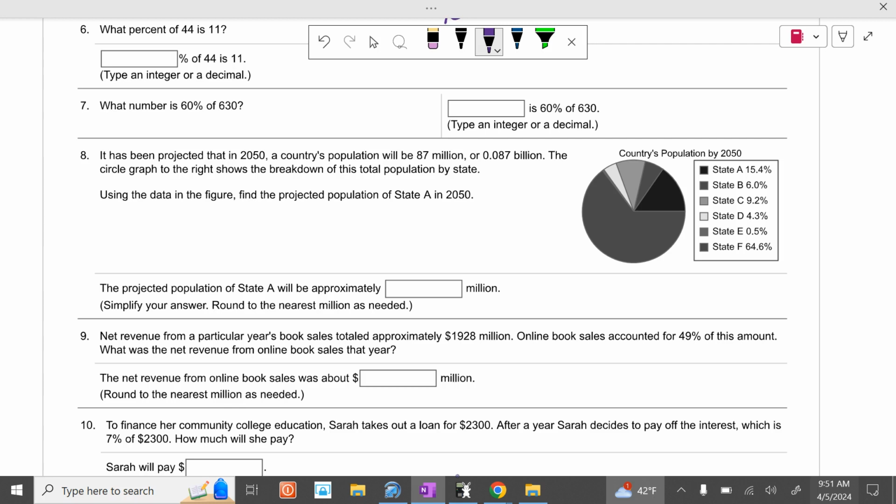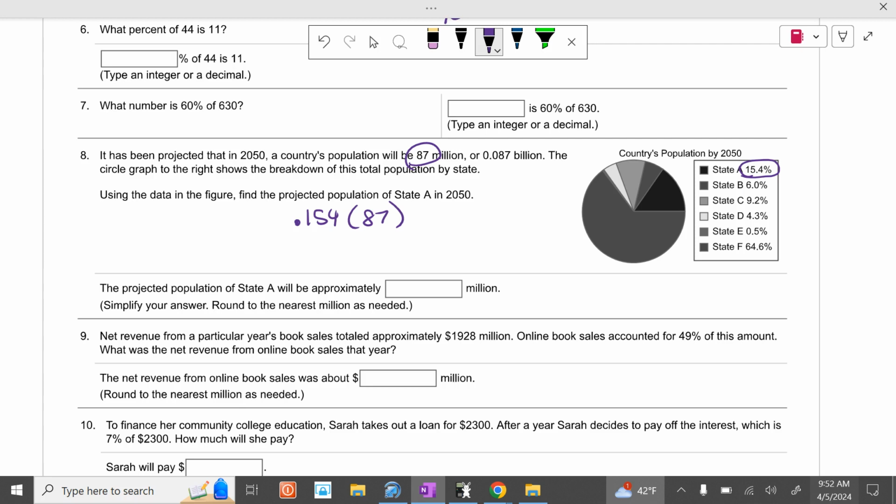Use a figure to find the projected population for state A in 2050. You don't even need the circle graph. You use this number and this number. Okay? So if the total population is 87 million and this is 15.4%, you take 0.154 times 87 million.